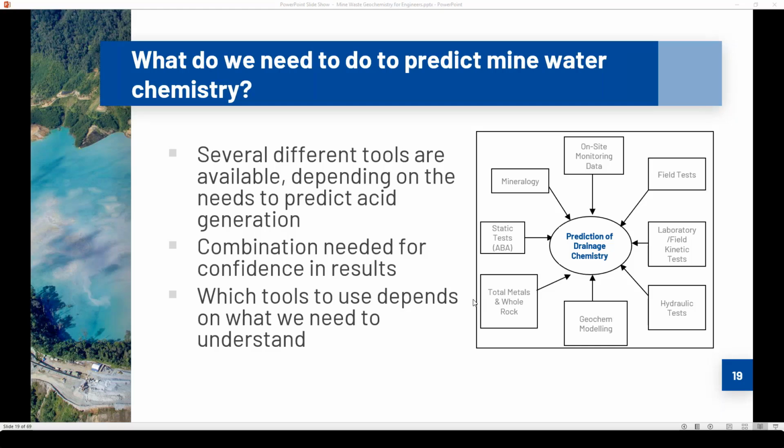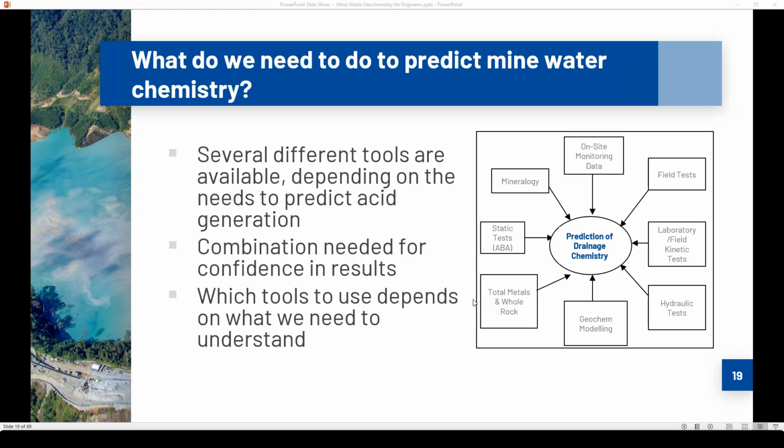As geochemists, we have several tools, and on the right-hand side there, I'm showing you the so-called mine water prediction toolbox or wheel of different tools that we can use to predict the eventual mine drainage chemistry from a mine site.